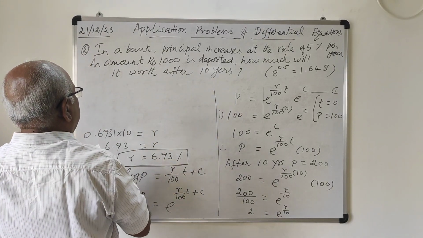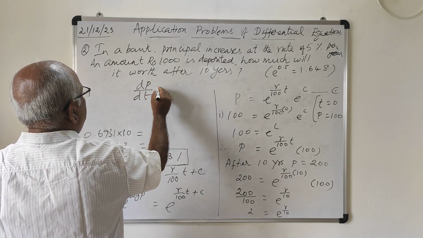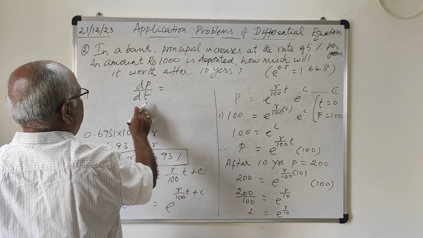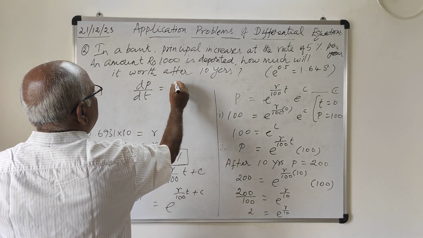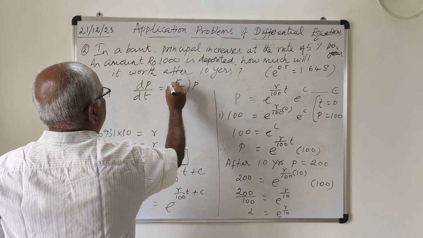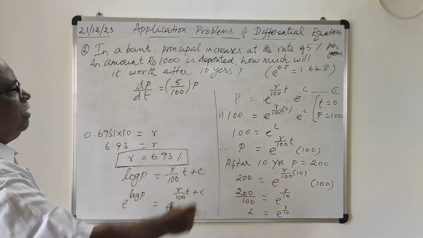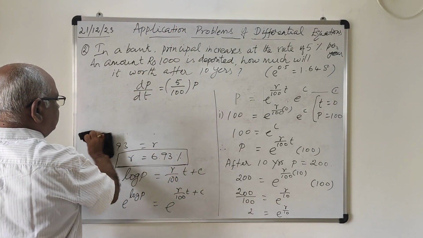Here also, the differential equation: the principal amount is P, so consider dP by dt equal to 5 by 100 into P, where the rate of interest is 5.